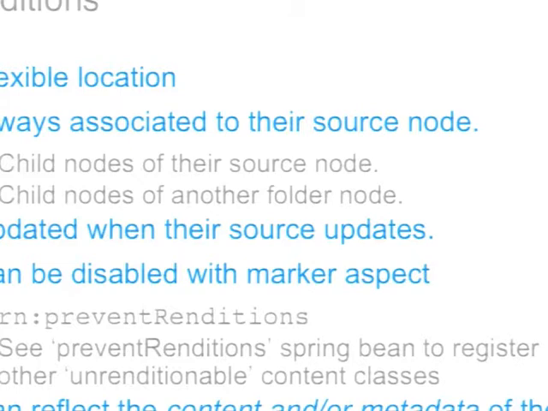If you stamp that aspect on a node, no renditions for that node will be created. But it's configurable, so you can configure the Alfresco type, or the list of types that are unrenditionable, within Spring config. And as I said, renditions can reflect the content of their source node, but can also reflect the metadata of that source node.